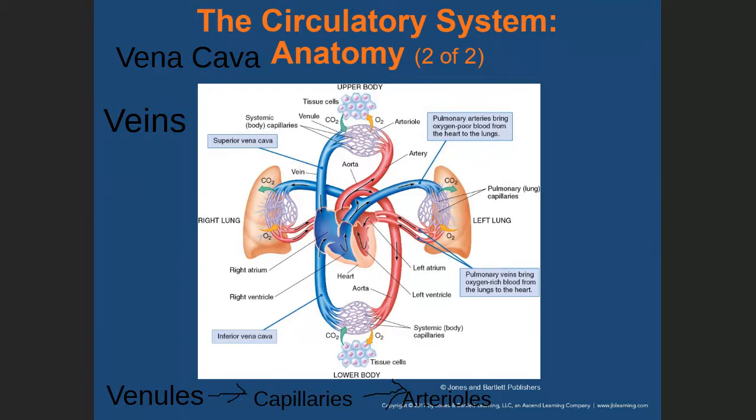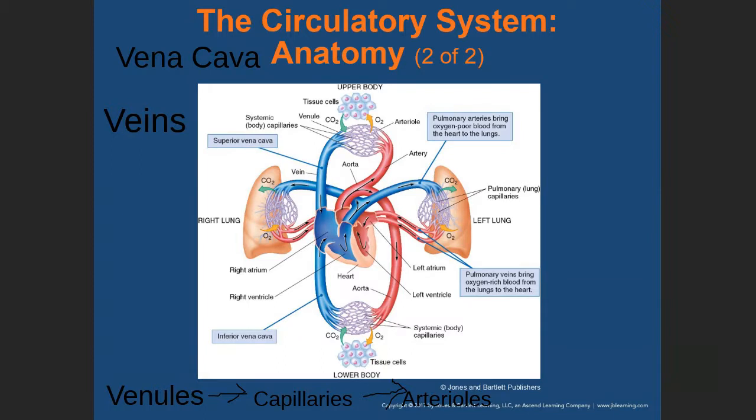At the level of the capillary, one cell will pass at a time. They have very thin walls, so they are permeable. This will allow the exchange of oxygen and carbon dioxide at that level within the system.